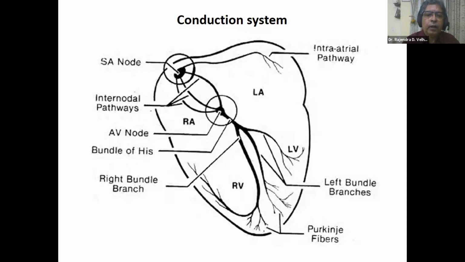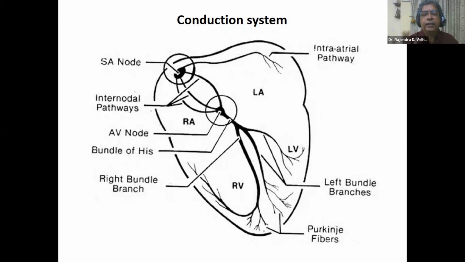Since the SA node is situated in the right atrium, the right atrium will depolarize 0.01 second earlier as compared to the left atrium. Now the impulse will travel at the speed of 500 millimeter per second through these pathways and bring about the depolarization of both the atria.